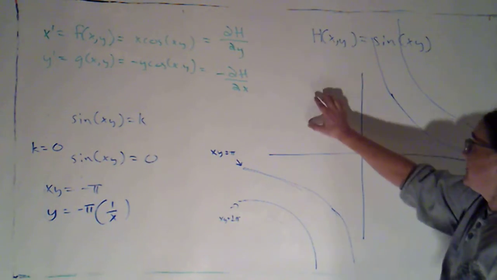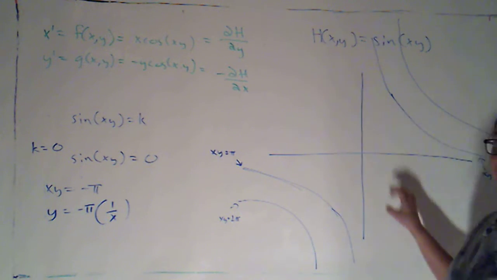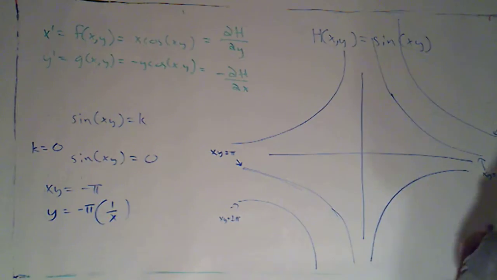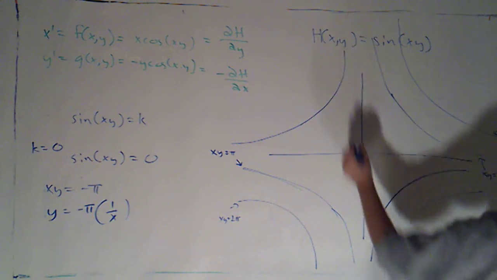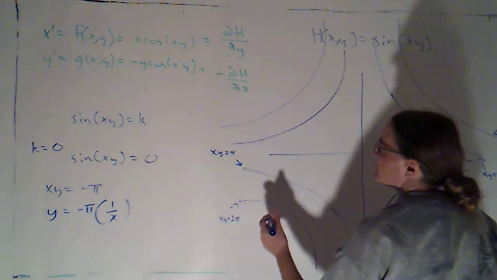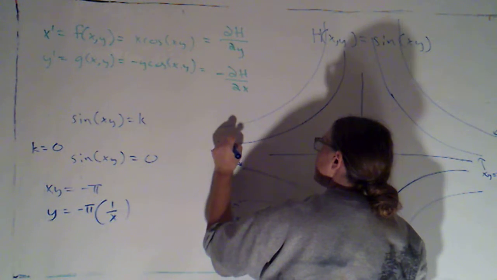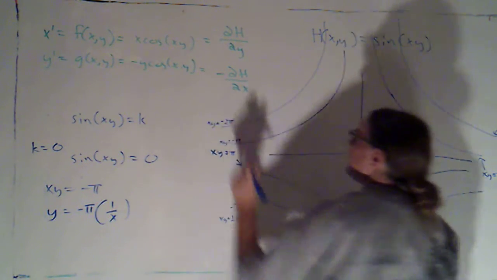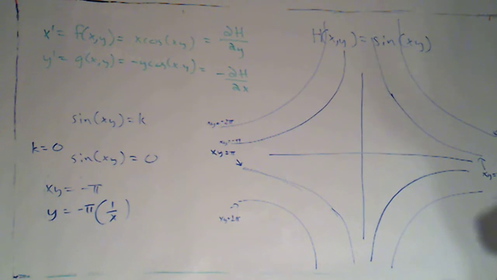All that's going to do is give me a mirror image of stuff in quadrants 2 and 4. Negative 2 pi would just give me one that's further away from the origin. So I'm just going to label here xy is negative pi, xy is negative 2 pi. Okay, excellent. I'm liking it.